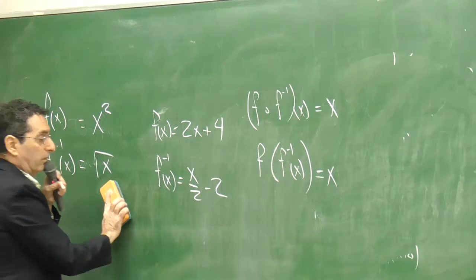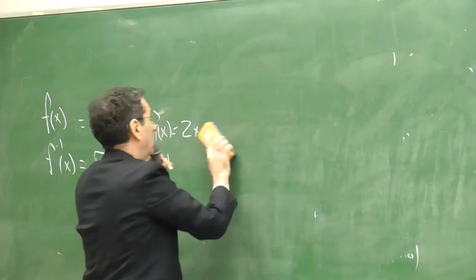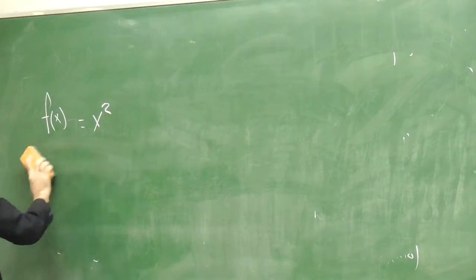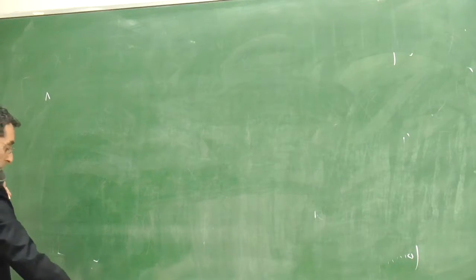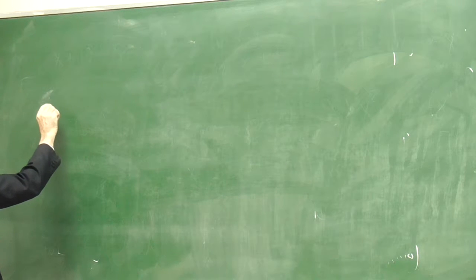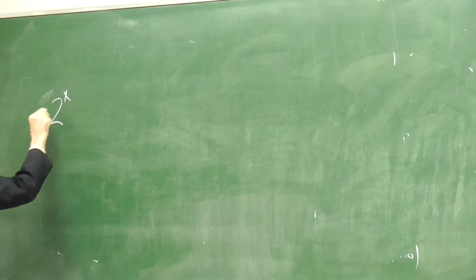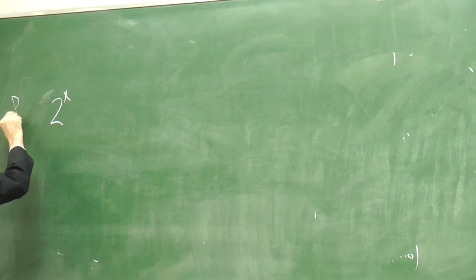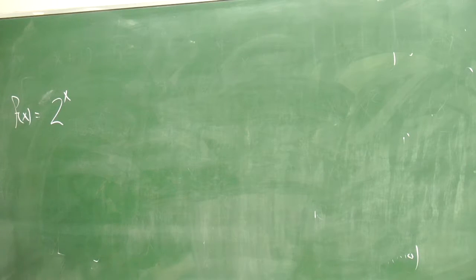Okay, now, going back to this. So this is f. Okay, that was the exponential function that we were talking about at the beginning of class. So we talked about graphing that function, right?